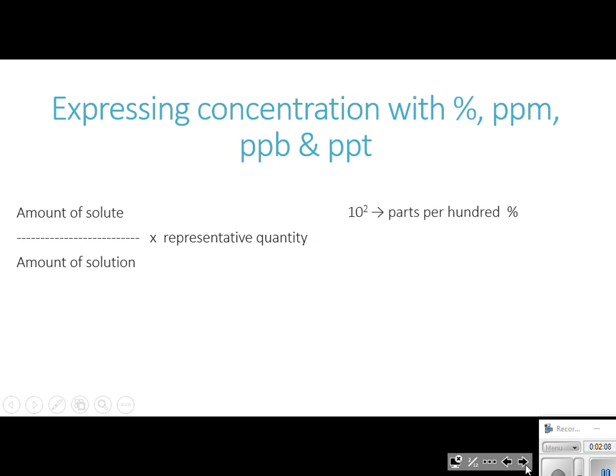So 10 to the second would be parts per 100. Ten to the sixth would be parts per million. 10 to the ninth would be parts per billion.